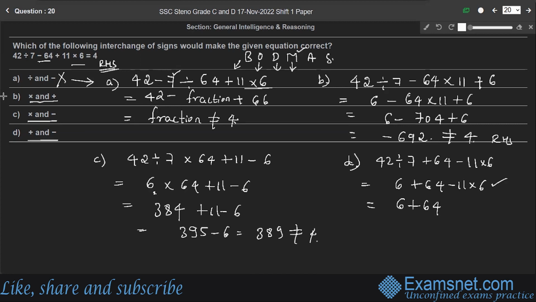Minus 11 into 6 is minus 66. Next comes addition. 6 plus 64 is 70, minus 66 is 4, which is nothing but the right hand side in the given equation. Therefore, if we interchange plus and minus in the given equation, it satisfies the equation. Option D is the right answer.